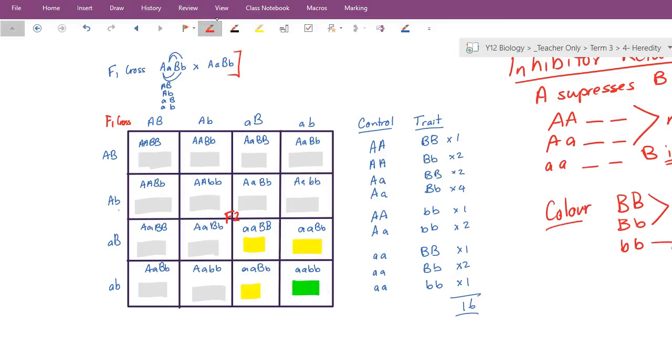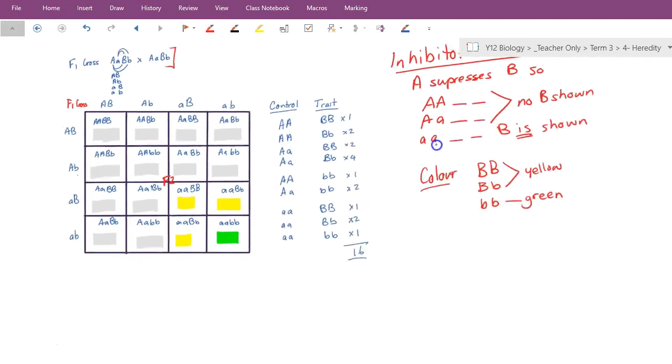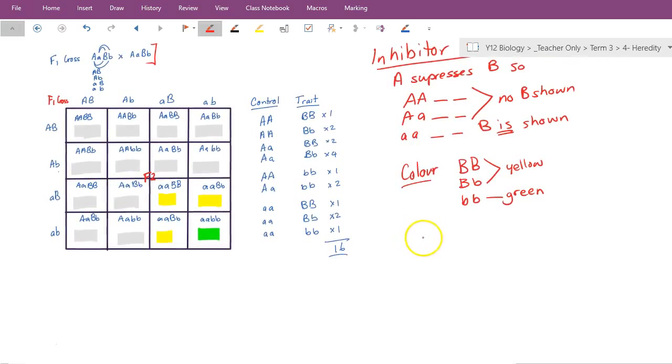So when you have an inhibitor gene like this, you have another unique ratio. The ratio is 12 to 3 to 1. Okay, and that is a unique relationship too. That indicates that there's an inhibitory action happening.